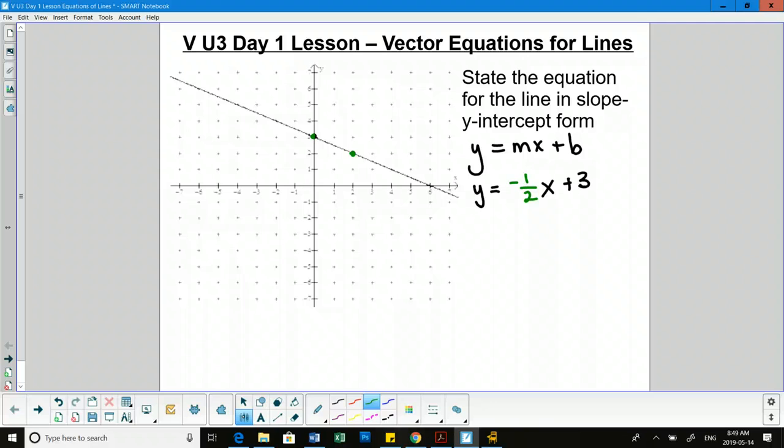So that's our y equals mx plus b format. If I wanted to express this in what we call standard form, essentially this means I want all things moved over to one side, and ideally we get rid of fractions in doing that as well. So from my y equals mx plus b, I move everything over to one side.